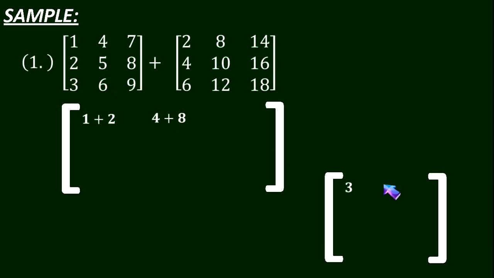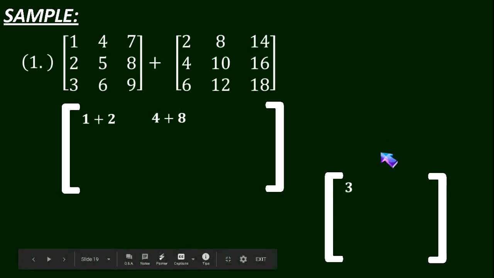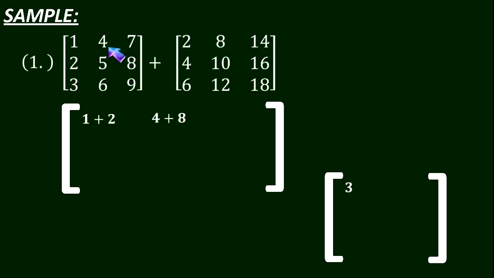So our second entry, in the first row of the second column, you have to add the elements of the two matrices in the first row of the second column. So you have to add 4 plus 8, that should be equal to 12.